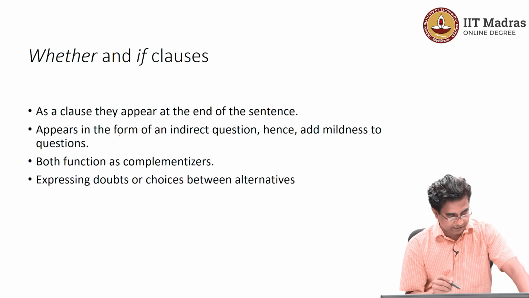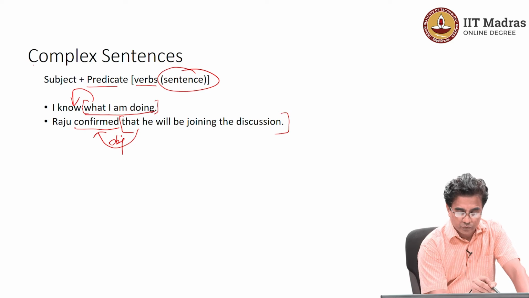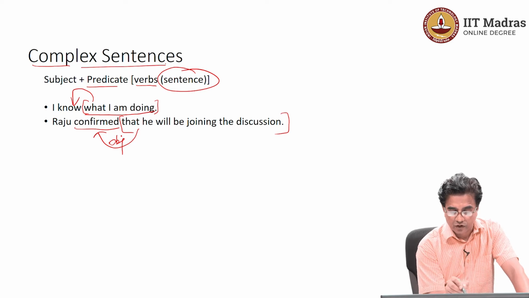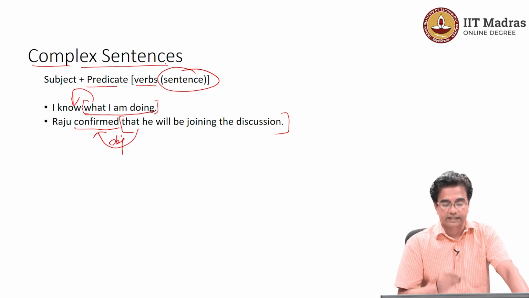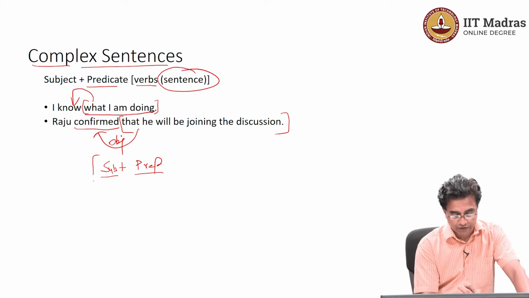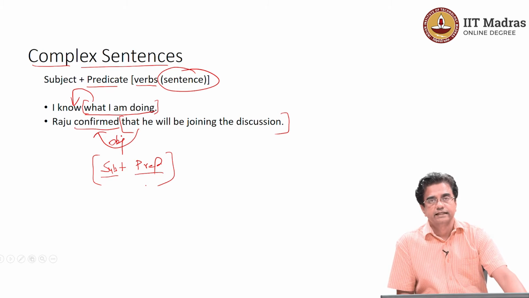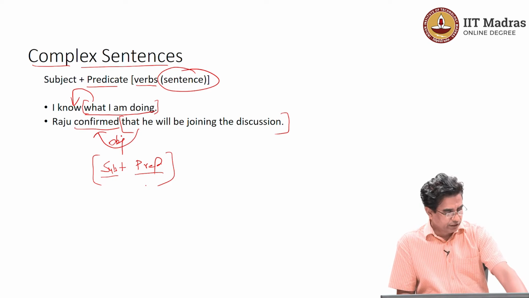In this regard, we understand that though these sentences are called complex sentences, essentially they are also a combination of subject and predicate. And thus we get to know that a complex sentence is also essentially a simple sentence.